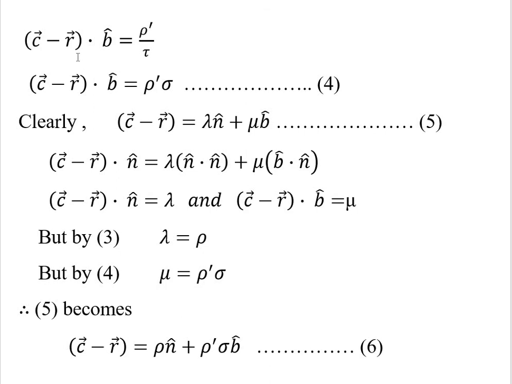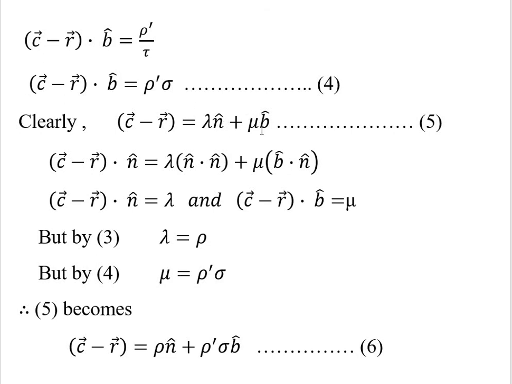So (C vector minus R vector) dot B cap equal to rho dash by tau. Tau we already know is 1 by sigma, so therefore 1 by tau is sigma. So (C vector minus R vector) dot B equal to rho dash into sigma. We know from this equation that C vector minus R vector can possibly be written as lambda n plus mu b.